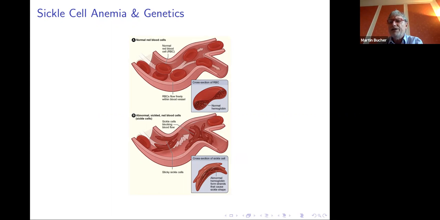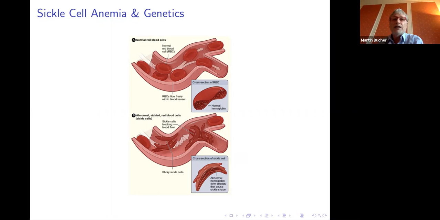And I just want to talk about a few examples of different alleles or different possibilities for a gene which have profound consequences.